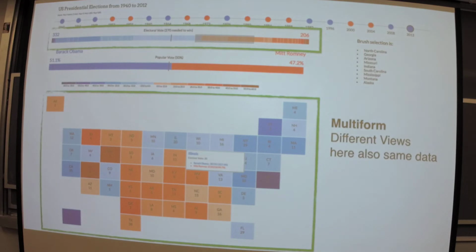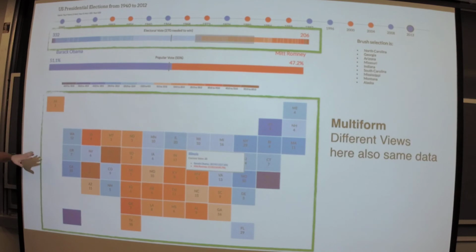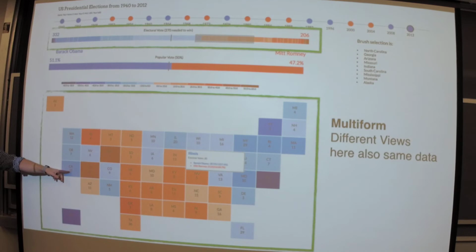Here we also show the size of the electoral votes for each of the states. These two views show exactly the same data, except that this one also shows geolocation but encodes electoral votes as numbers, while the one on top doesn't show geolocation but shows the number of electoral votes in size. So they're complementary, showing us different things, but both are useful together, even though they show exactly the same data with the exception of rough geographic location.